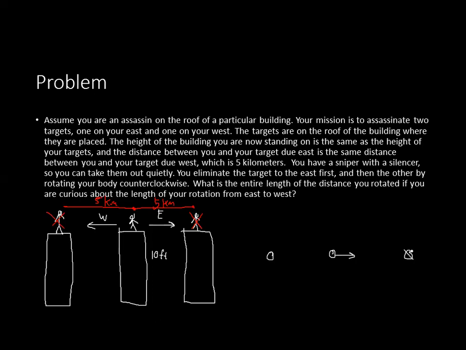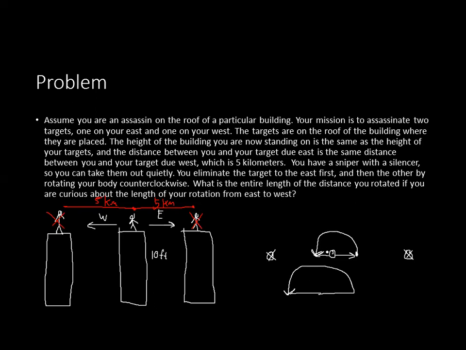Okay? So he's dead. Now, what you did is that you rotated counterclockwise until you reach west. Then you eliminate the target. All right? So what happens here is that you're actually forming an angle here. It's like from this going here, you know? It's like a semicircle, you can say that.